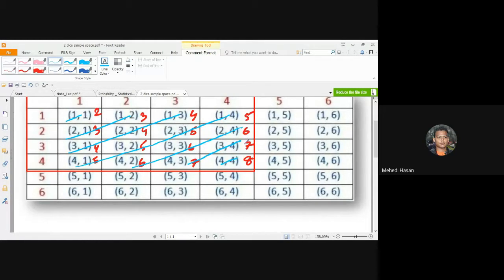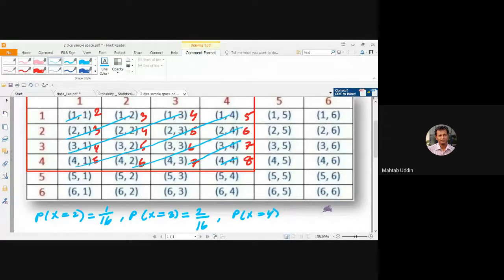Okay, so we got, now help me. P of x equal to 2. Here 1 is not in your hand, so it will be 1 time, right? 1 time, 1 by 16. Then x equal to 3 is what? 2 times, right? 2 by 16. Then x equal to 4. How many times? 3 by 16.